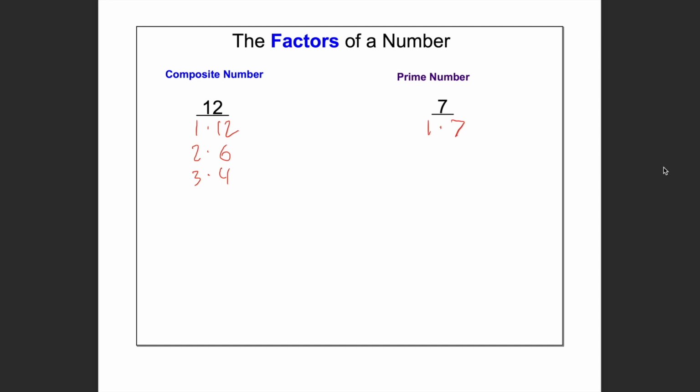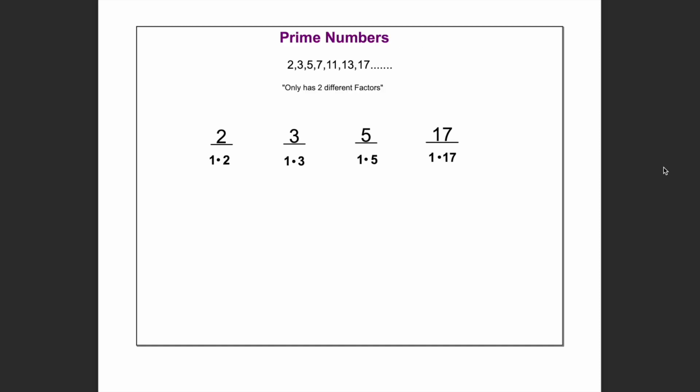So that's the difference between composite and prime numbers. Prime numbers are always 1 and itself, and composite numbers are much more than that, more than just 1 and itself. So prime numbers, we've got 2, 3, 5, 7, 11, 13, 17, going on forever. There are infinitely many prime numbers. But the special thing about them is they only have two different factors, 1 and itself.